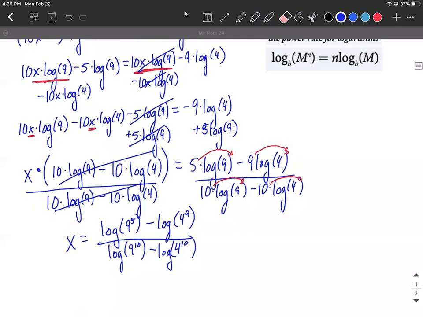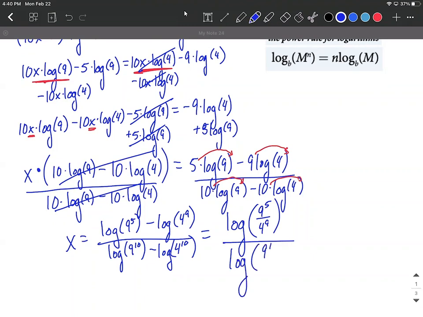So in our case, we can get this to be log of 9 to the 5th in the numerator, 4 to the 9th in the denominator, divided by, for our denominators, combining those together, log of 9 to the 10th in the numerator, 4 to the 10th in the denominator. And that's an exact answer as combined together as you can get it.